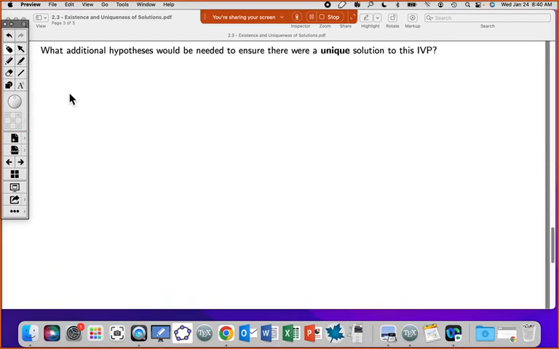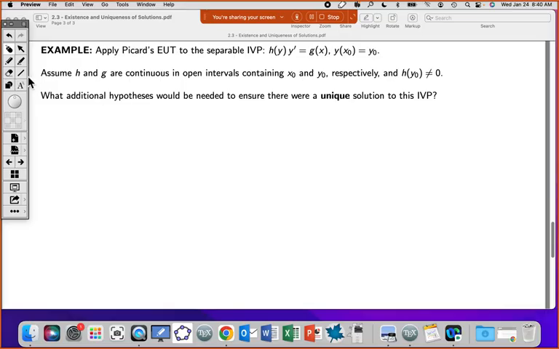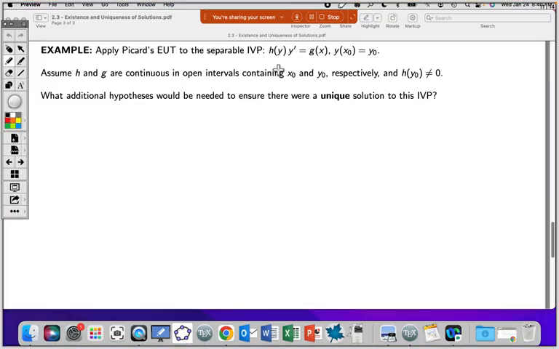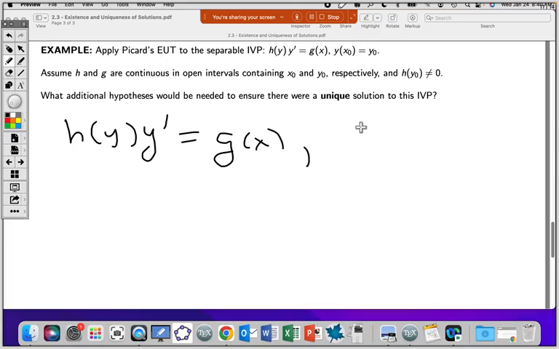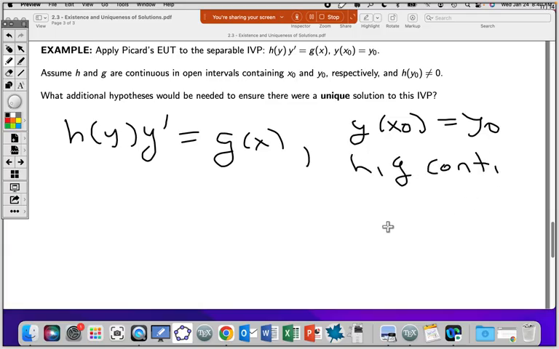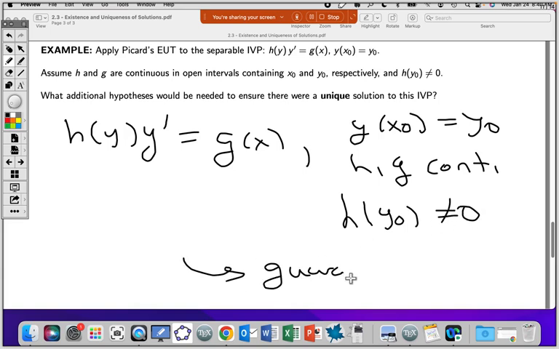The other theorem we had was the implicit function theorem that applied to separable equations. So we said if we had h of y times y prime equals g of x, and we had the initial condition here, if h and g are continuous, as long as h at y naught was not 0, we were guaranteed at least one solution.